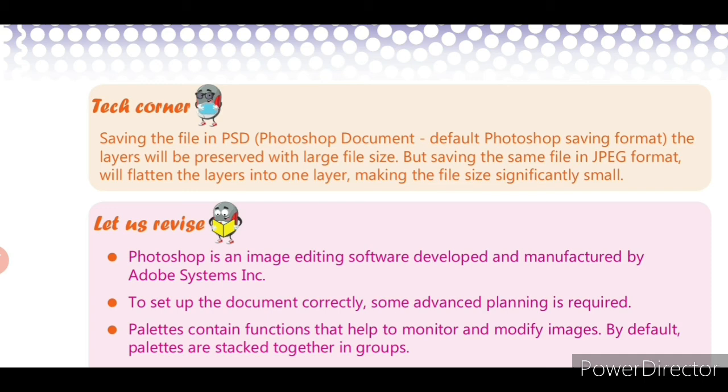What do you mean by PSD? It is nothing but the default Photoshop document extension. So this will increase the file size, but if we save the same file in JPEG format, it will flatten the layers into a single layer, so that your image size will be reduced.